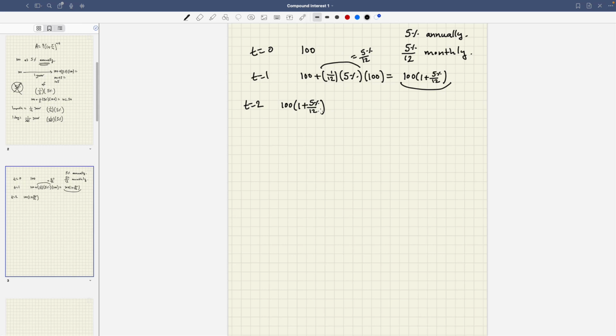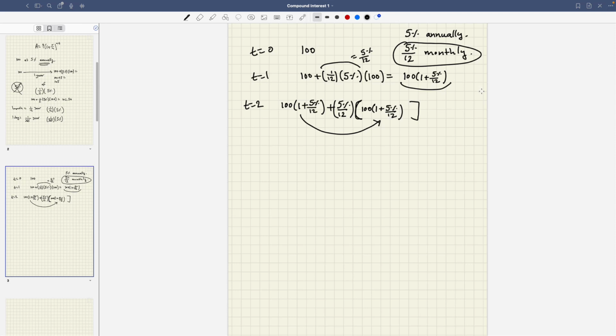But after the second month, we're going to add interest to it, or compound interest to it. What is the interest that we're working with? It is this one right here, because we are on a monthly basis. So it's going to be 5% divided by 12 of, let's do brackets here, this quantity, which is the amount that you have now in the bank. It has increased your amount. And we add interest to that new amount.